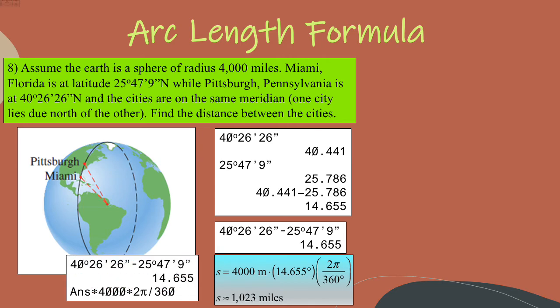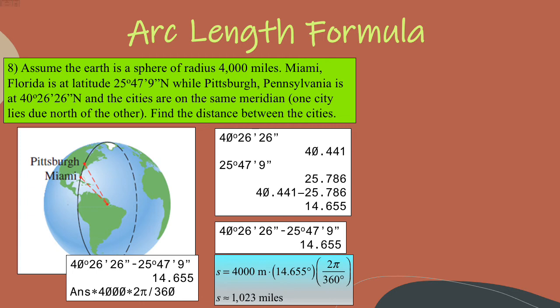In doing this calculation on the TI calculator, it is important not to punch in the 14.655. If you do that, then any decimal places beyond the 0.655 will be lost. The best way to do this is to do the subtraction and then hit the multiplication sign.